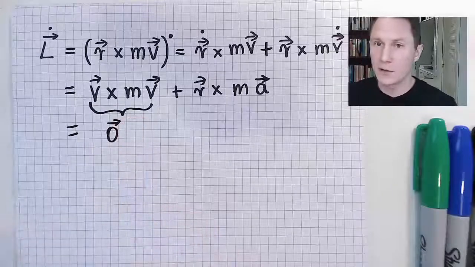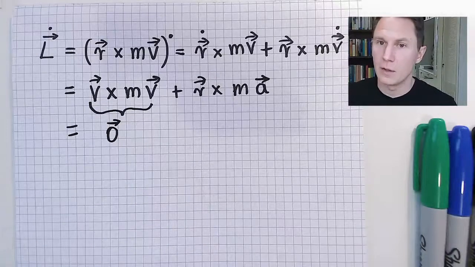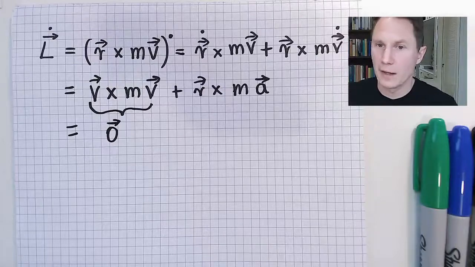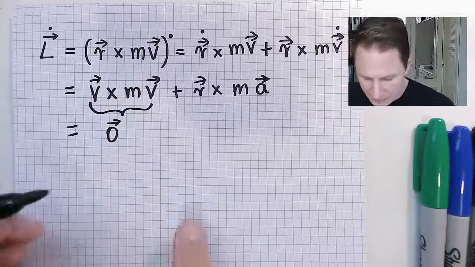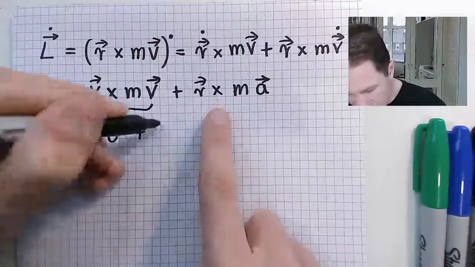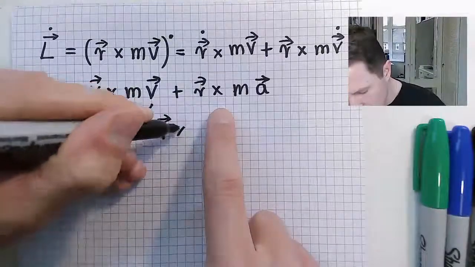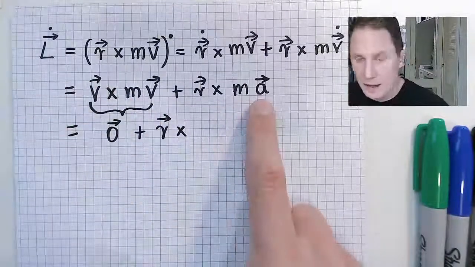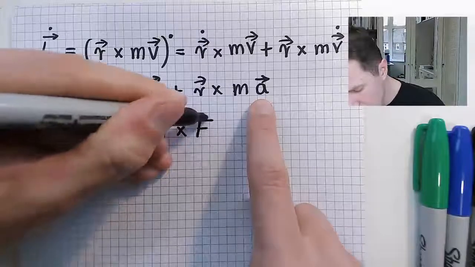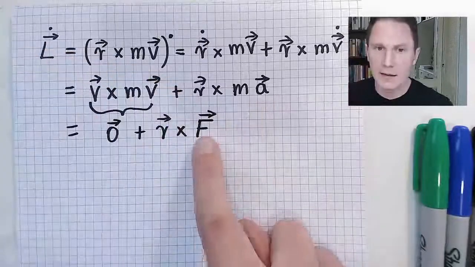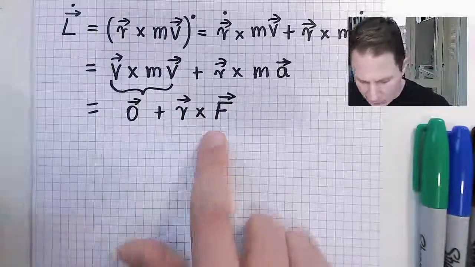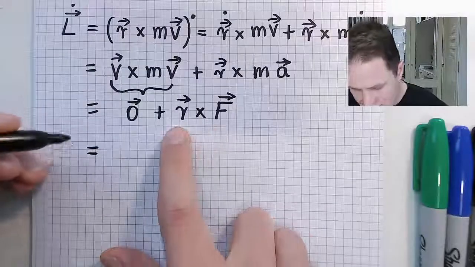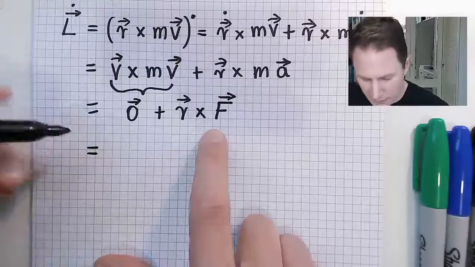Okay, so if you take a vector and take the vector product of that vector with a multiple of the vector, you get the zero vector. And what we have here is the position vector crossed with m times a, and that is the force, right? Newton's F equals ma is what we applied here. So what we have here is r cross F.